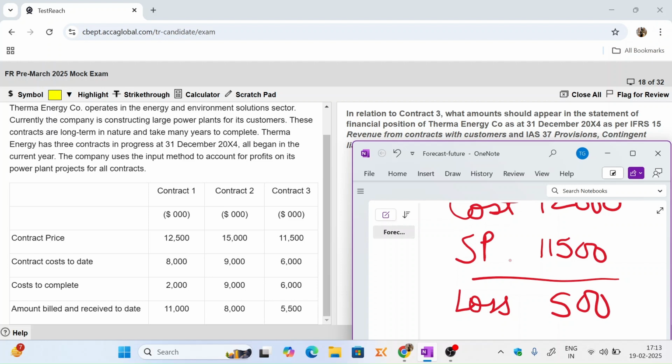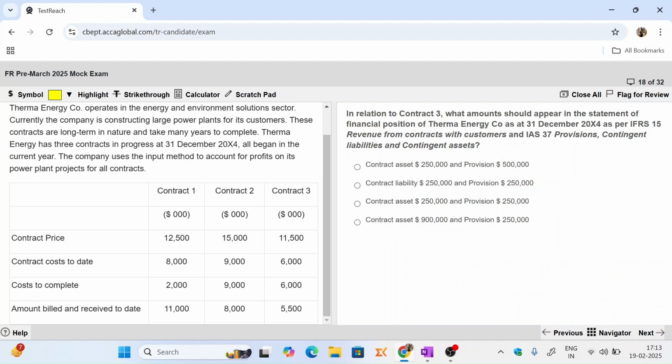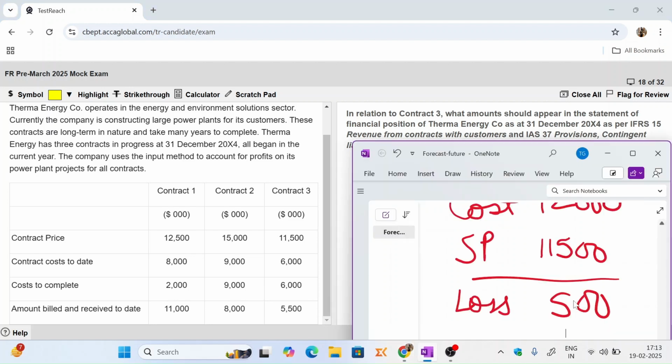Whenever IAS 37 is applicable, whatever loss you are supposed to make in the future, you have to recognize all in today's time. But what happens to the remainder of the loss? First of all, we are making a loss of 500,000. Now this contract is halfway complete in this year itself.